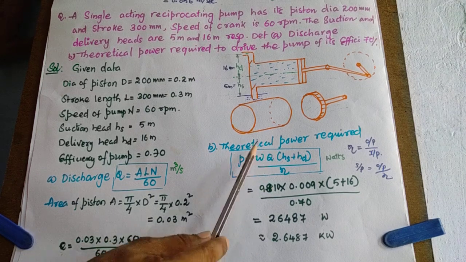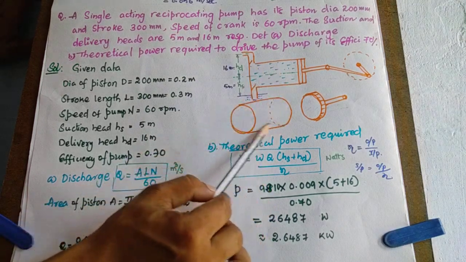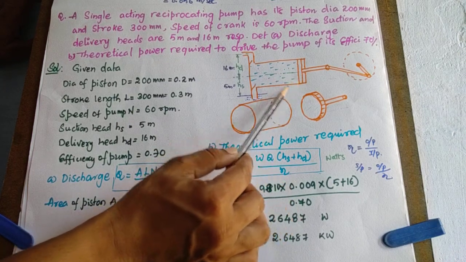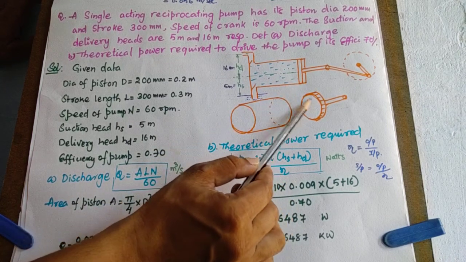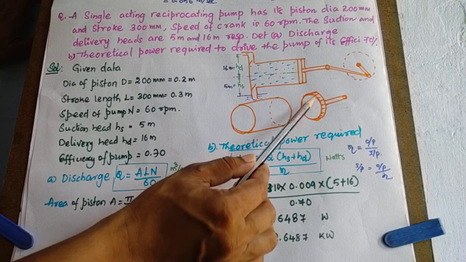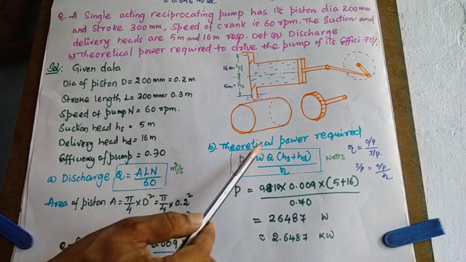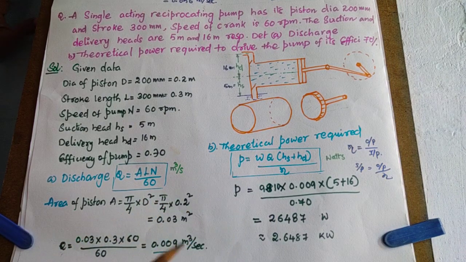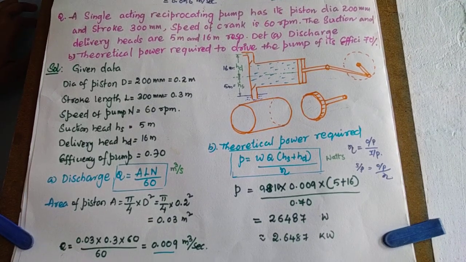Always consider that this pump is in a cylindrical section only, and the piston moving inside it is also disc-shaped, that is, circular. So you have to find the area by using the circular area formula only. So this is the problem for this day.